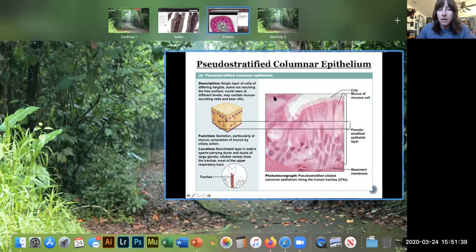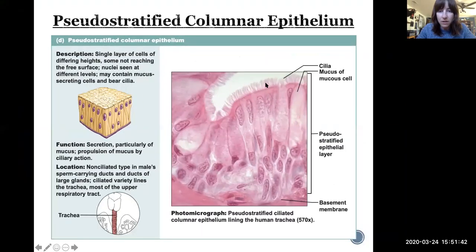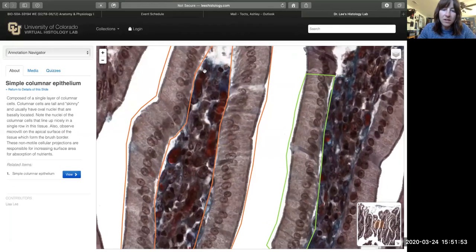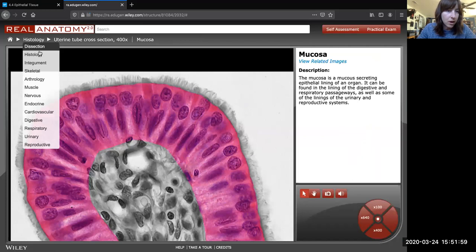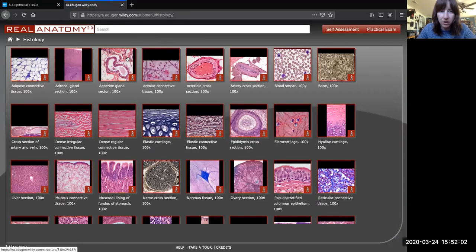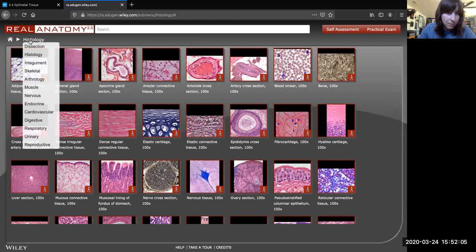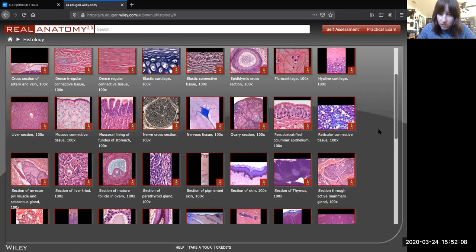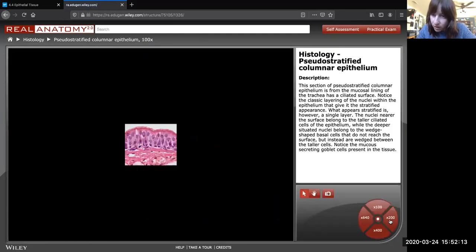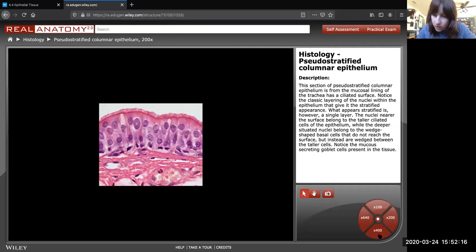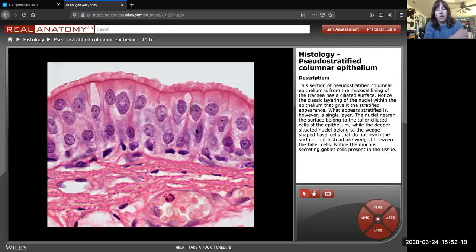If there's any question, I'm not going to use the image, okay? Pseudostratified, take a look at this picture here. The ones that are in, at least the Wiley ones, are pretty good. They're pretty clear. This is the trachea.